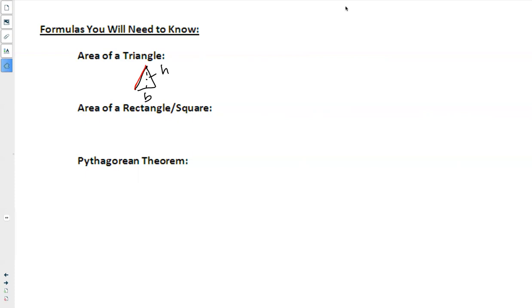The formula to find the area of a triangle: area is equal to the base times the height divided by 2. You might have seen this as area is equal to 1/2 times the base times the height. Both of those formulas are the same, although they look different. Whichever one you prefer to use is up to you. To calculate the area of a triangle, it is the base times the height divided by 2, and again, that's the perpendicular height.